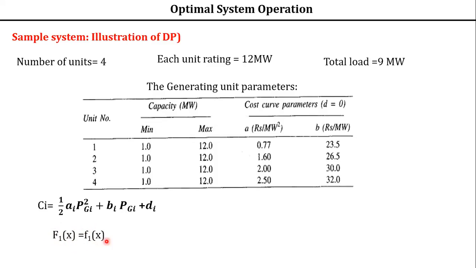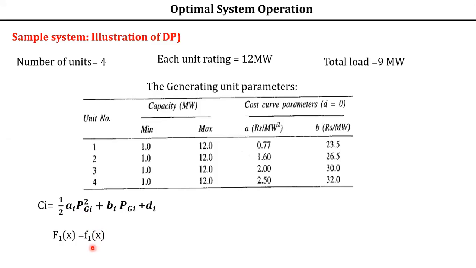Understood? What is the small f1(x)? It is not the minimum cost, it is just a cost. That is the difference between capital F and small f. Small f1(x) is the cost of generating X megawatt by the first unit. So f1 is nothing but this equation, and we have to substitute into this equation.